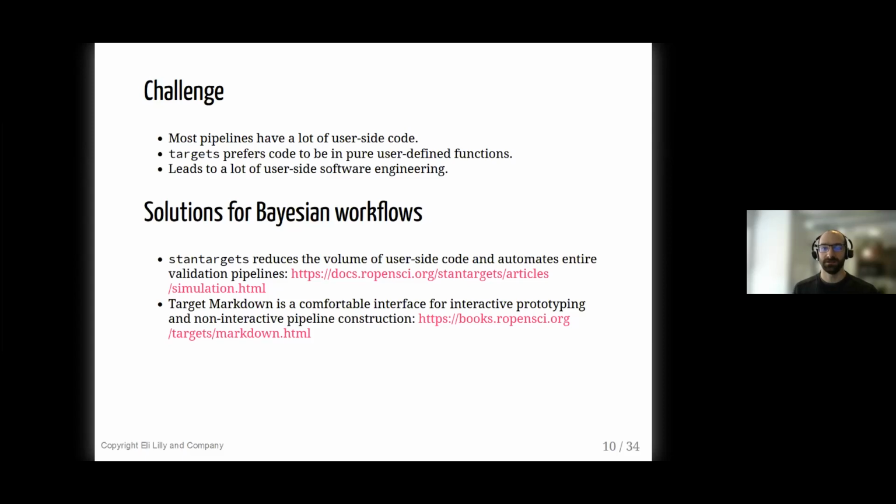Targets, on the other hand, encourages a style of programming that's more similar to package development, where you're writing pure functions that accept formal arguments and return a nice R object that can be stored and then used as the input for, let's say, the next function. It's a really nice style once you get used to it, but it's not part of most people's training, and it introduces a bit of a hurdle to getting started.